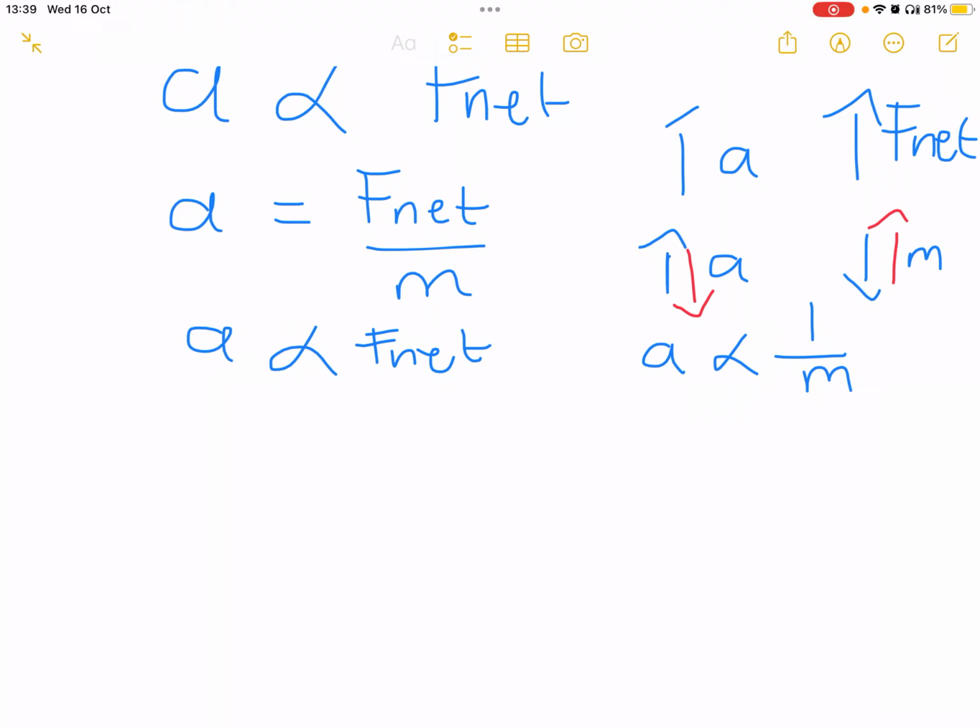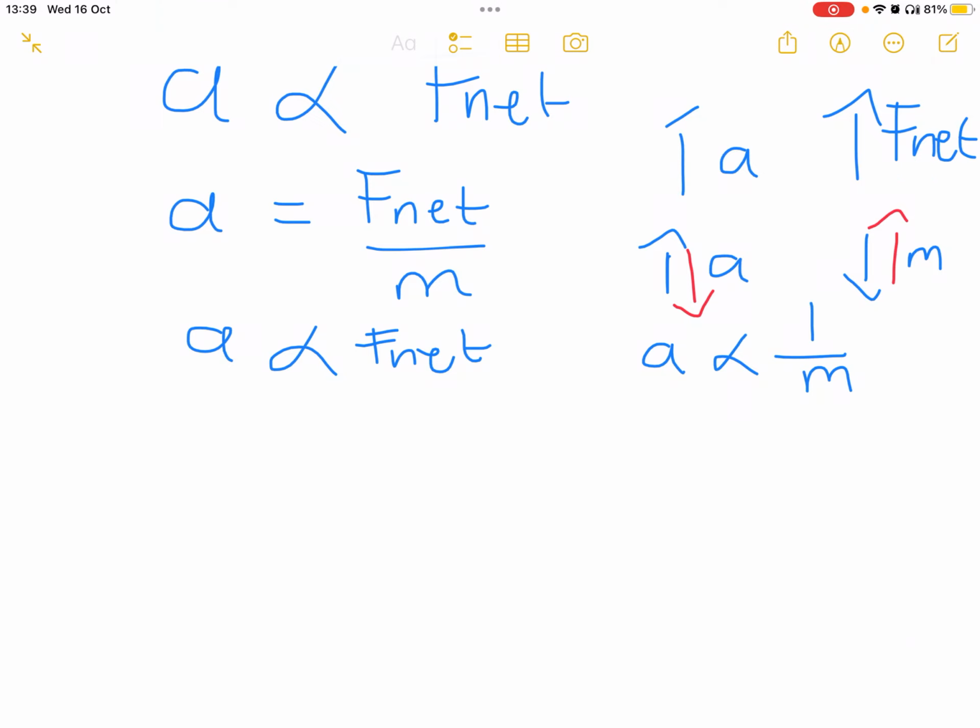So M stays the same, but A can change, or A stays the same, and M can change, more or less like that. But anyone can have a comment on that. You know, this is just for formalities, to try and understand the relationship between the three variables.